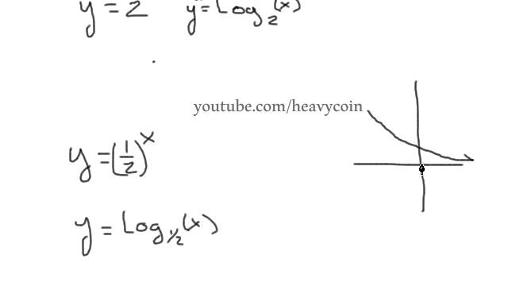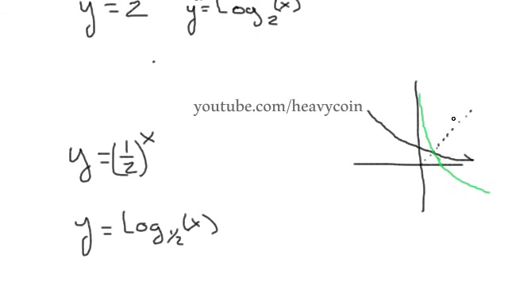Alright, and remember that that's going to be a mirror image of this, and let's use a different color, green. And so this one's coming down like this, it's going to cross, the intersection point right here, and then it's going to come down and do something like that.